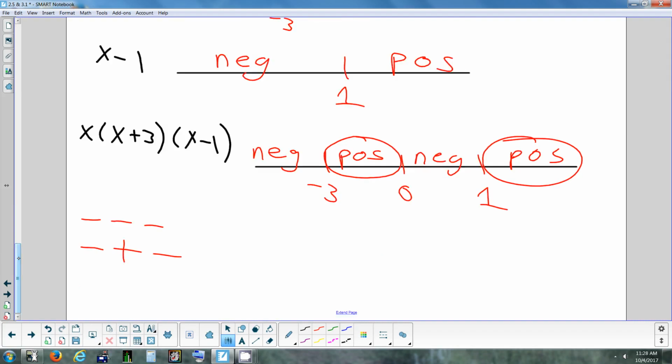All right, so how would you describe that first interval? How about Andrew? The first positive interval? Yeah, the one that I circled, sorry.